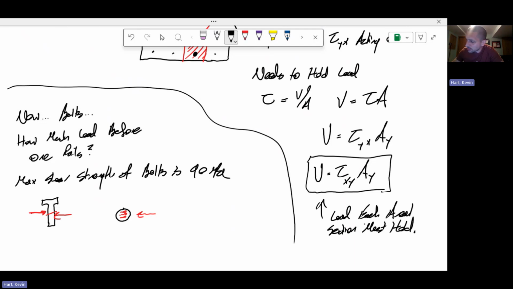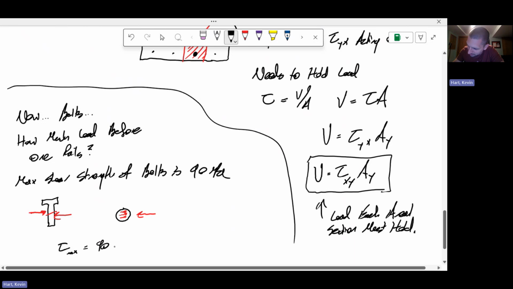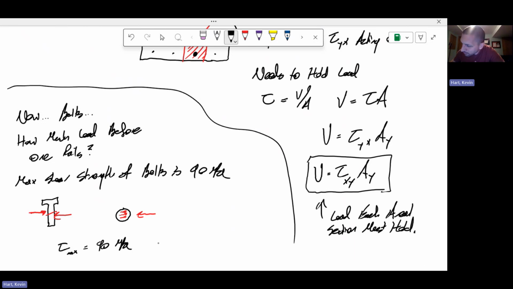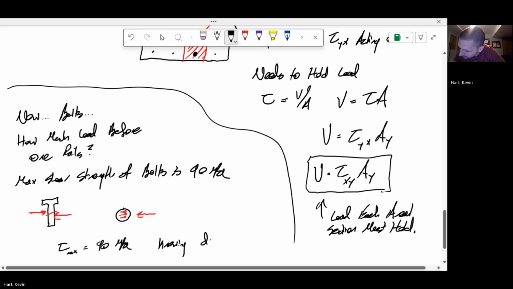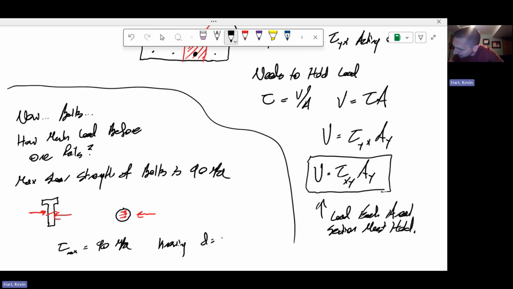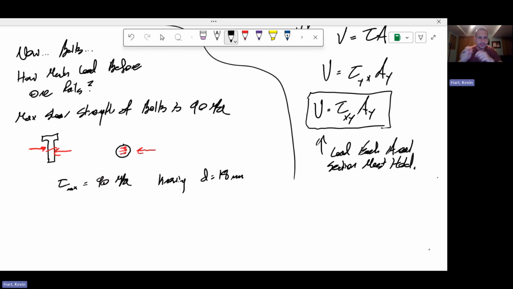We're told that the maximum shear stress that these bolts can handle is 90 MPa. So if I know the diameter of the bolt, which is given in the problem as 18 millimeter diameter bolts, then you can calculate how much load a single bolt can handle before it breaks.